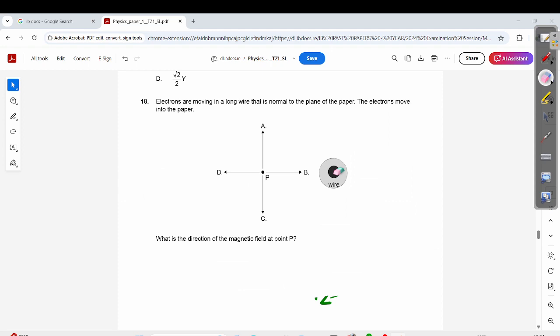If the electrons move into the paper, what is the direction of the magnetic field at point P? What are we given? A long wire that is normal to the plane of the paper, that means perpendicular. The electrons are moving into the paper, right?